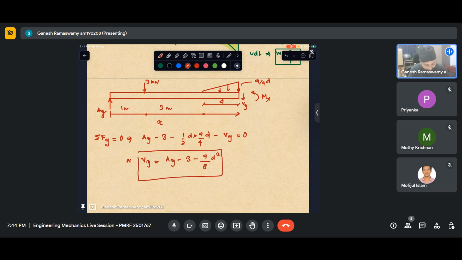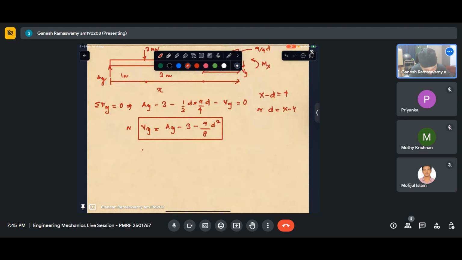Now I just have to relate it to x. So I can see that x minus d is nothing but 4, or d is nothing but x minus 4. So if I substitute that here, it is Ay minus 3 minus 9 by 8 into x minus 4 the whole square.